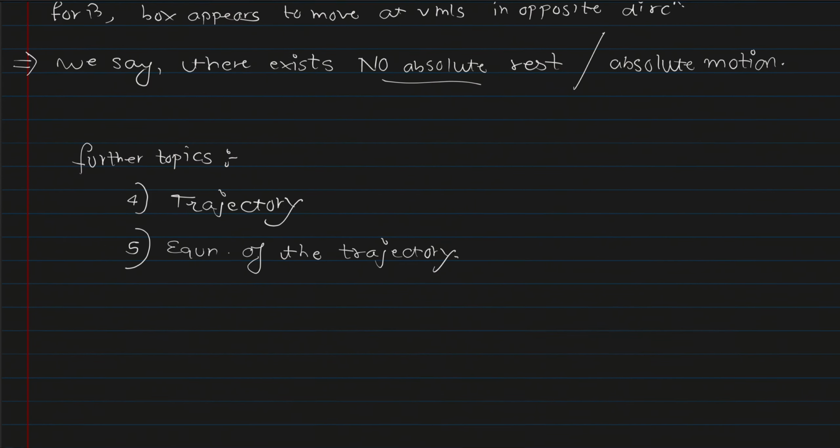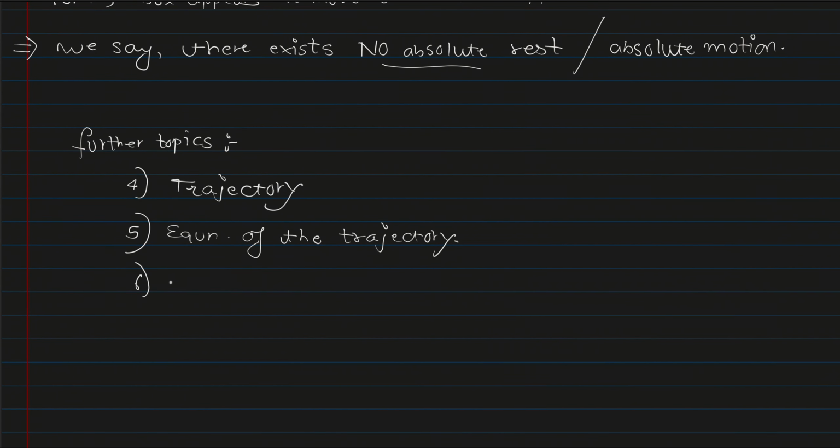And then we'll start with displacement and distance, then velocity and speed. Well, I should write displacement and distance because both are different things. We'll understand that later. And then acceleration.